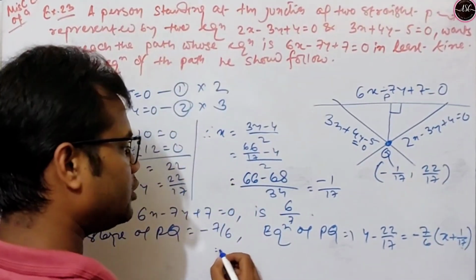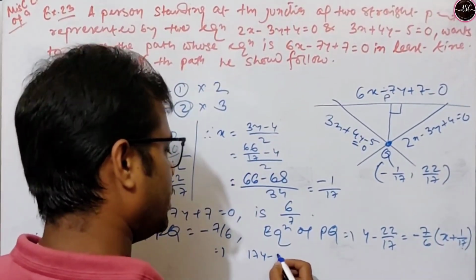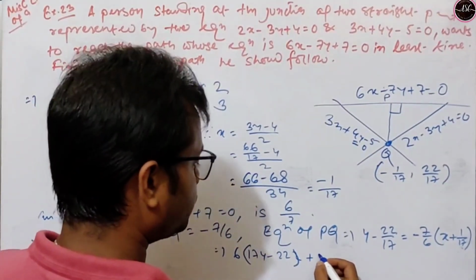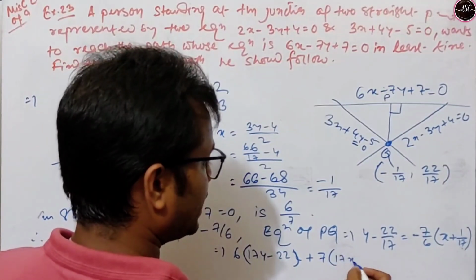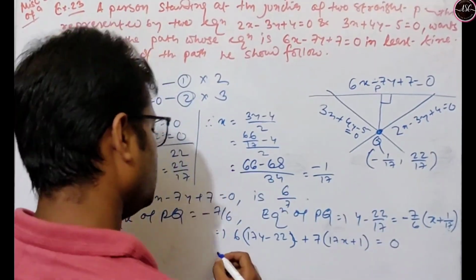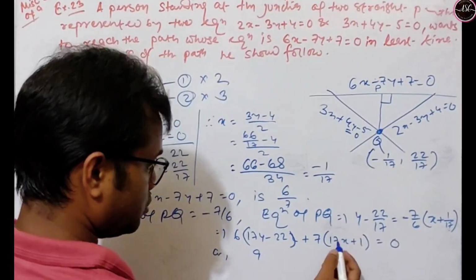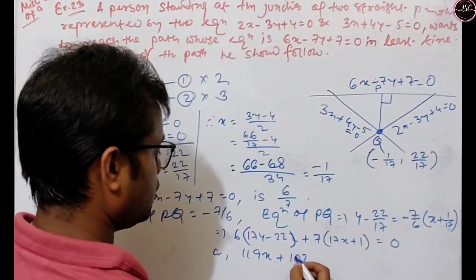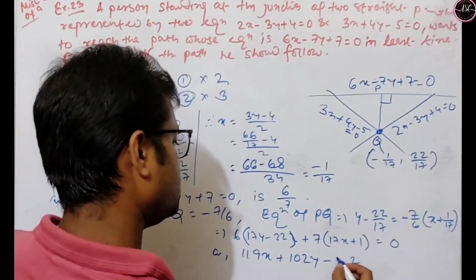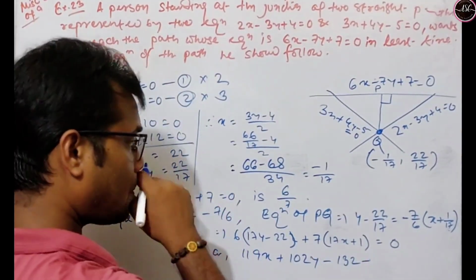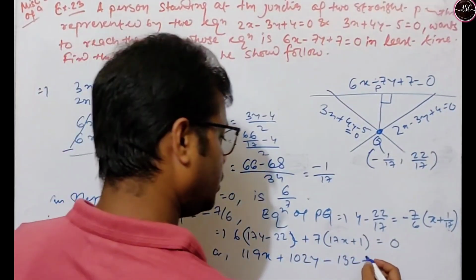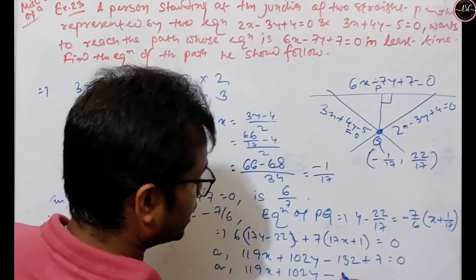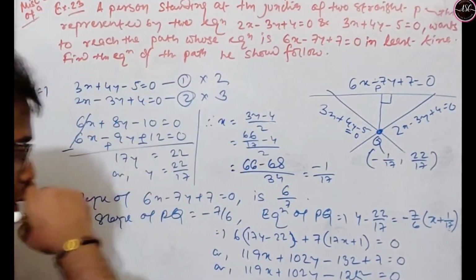So by solving this, we get 17y minus 22 into 6 plus 7 into 17x plus 1 equal to 0, or 102y minus 132 plus 7 equal to 0, or 119x plus 102y minus 125 equal to 0. That will be the equation of the line.